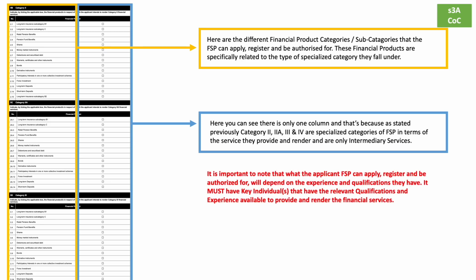It is important to note that what the applicant FSP can apply, register, and be authorized for will depend on the experience and qualifications they have. It must have a key individual or key individuals that have the relevant qualifications and experience available to provide and render the financial services.